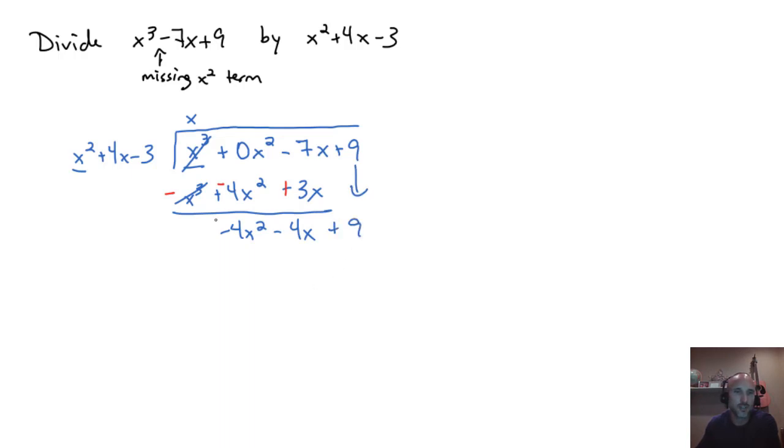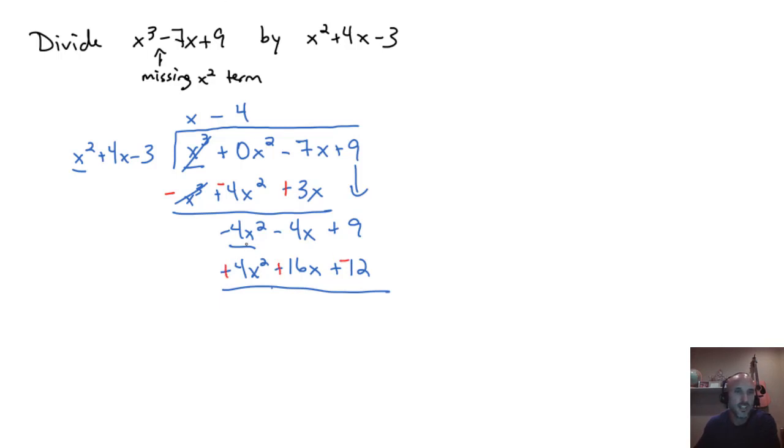And I start over. Divide x squared into negative 4x squared to get minus 4. And then distribute negative 4 to all three terms of my divisor, giving me negative 4x squared minus 16x plus 12. Subtract this, meaning distribute and change all the signs.